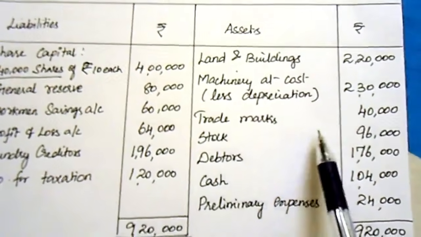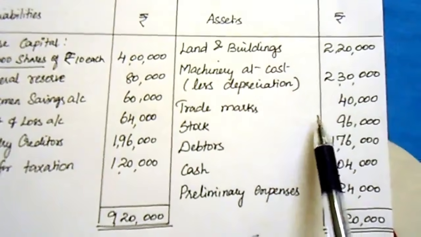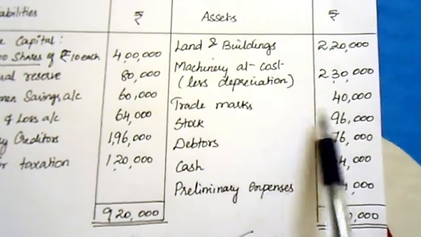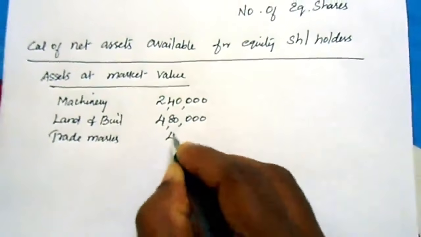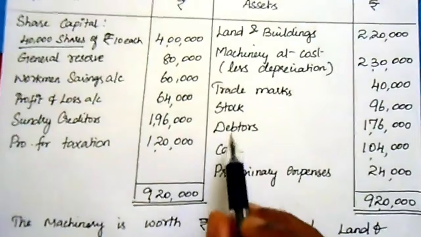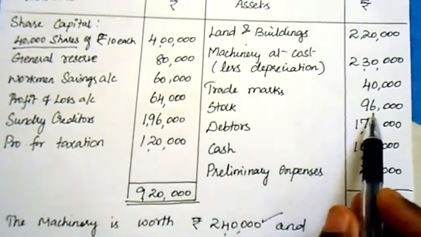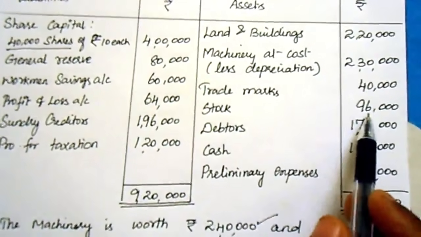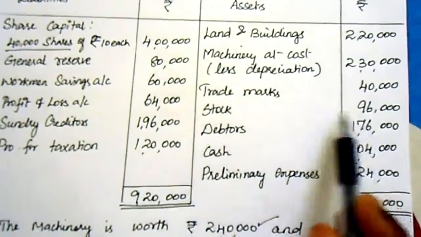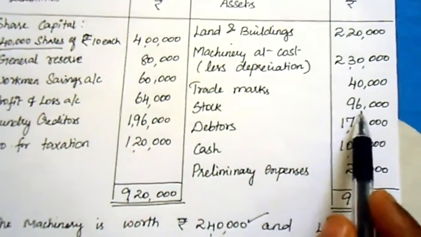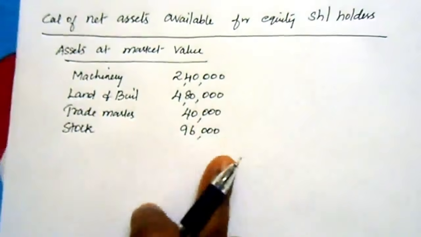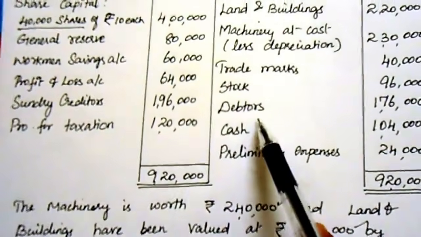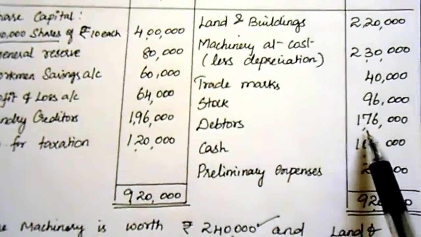Next one, trademarks. Nothing is given regarding trademarks in the adjustment, so you can take the balance sheet value. Stock, how much? 96,000. Regarding stock, nothing is given in the adjustment, so you can take the balance sheet value, 96,000. Next one, debtors, 1,76,000.